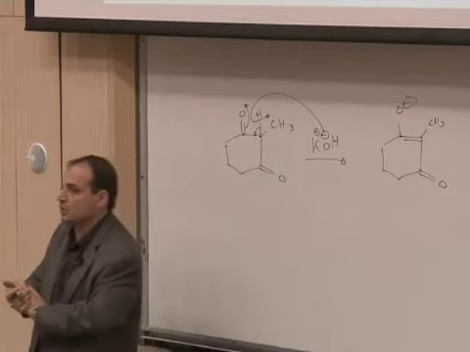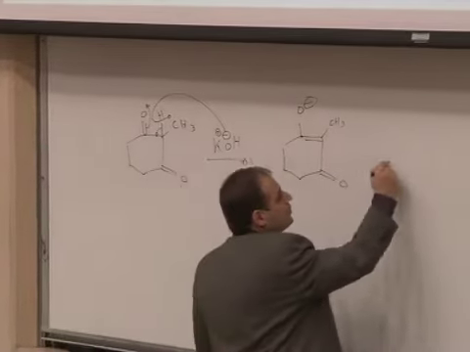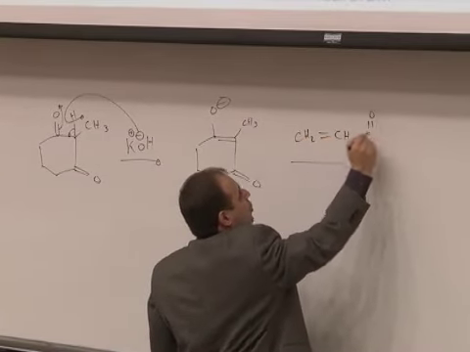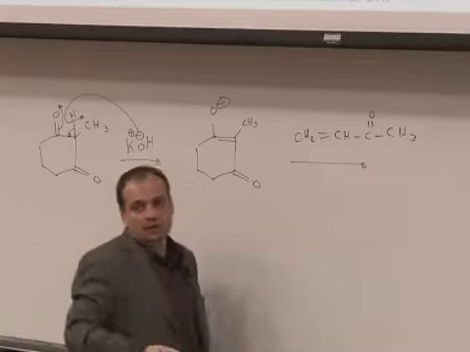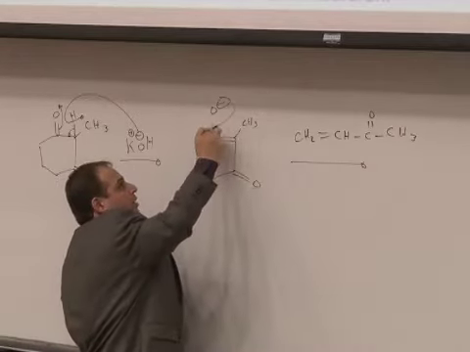Now you're reacting this enolate with the alpha beta unsaturated ketone. So you have CH2 double bond CHCO CH3. It will undergo a 1,4 addition.